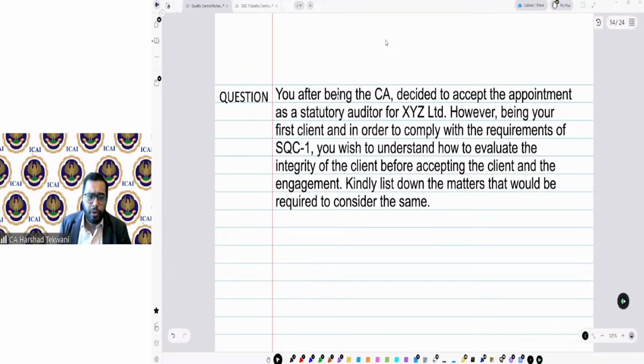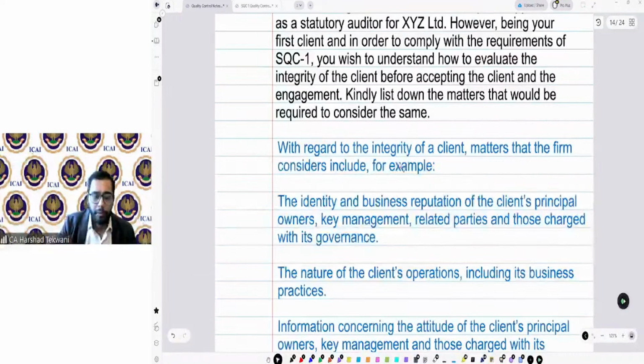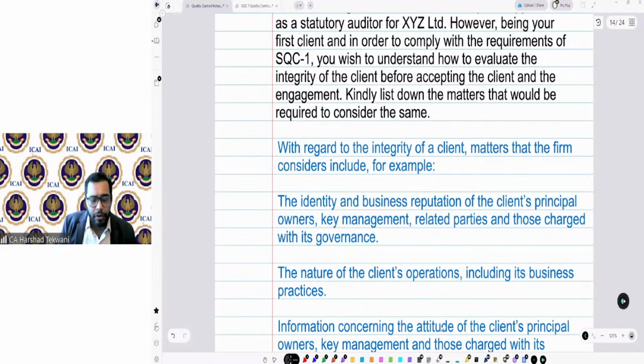Okay. So let us see with example what is the requirement, like what could be the examples here. So when I say few examples, with regard to integrity of a client, matters that the firm considers include, first one is the identity, business reputation of the client's principal owners, key managements, related parties, and those charged with governance.